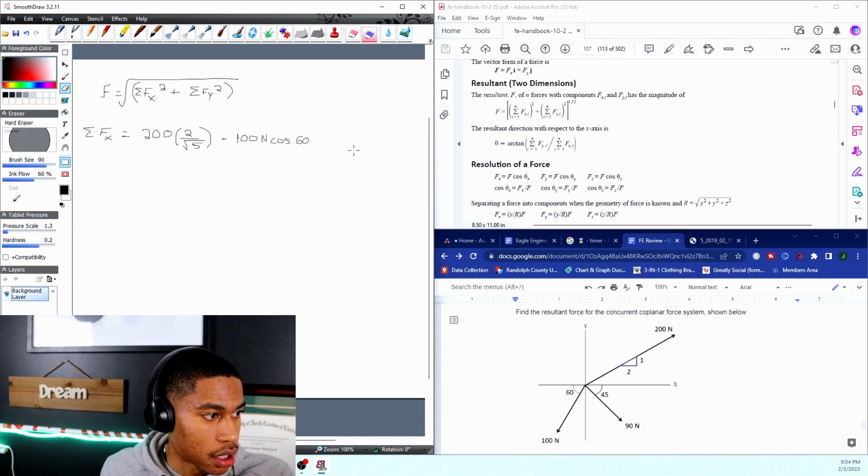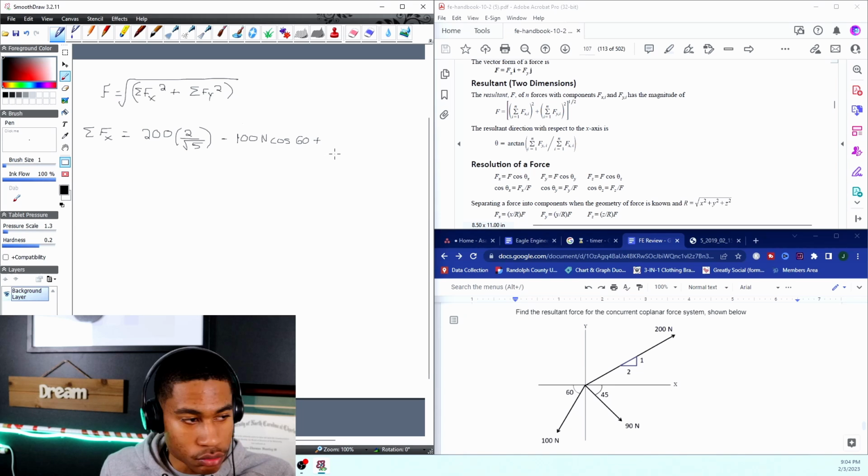Okay, so erase that, and hopefully you get the point of how I'm selecting my directions and getting my positive and negative values. And then we're going to do plus my 90, and then cosine 45.